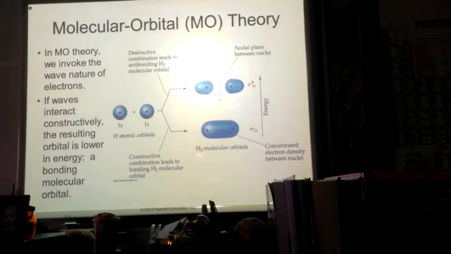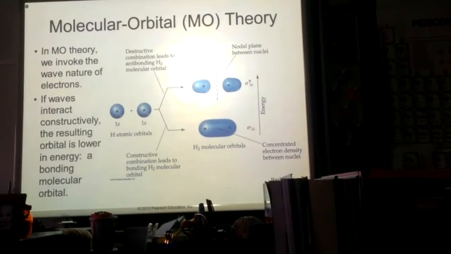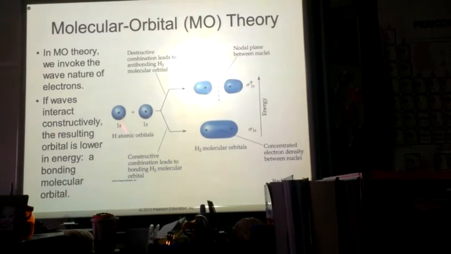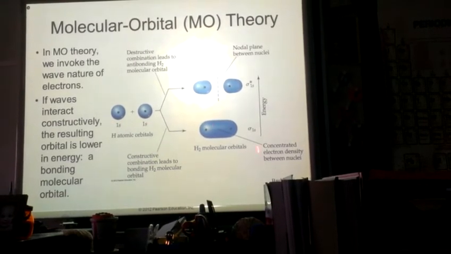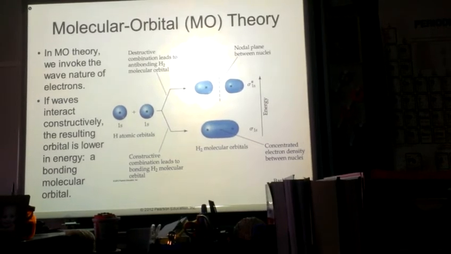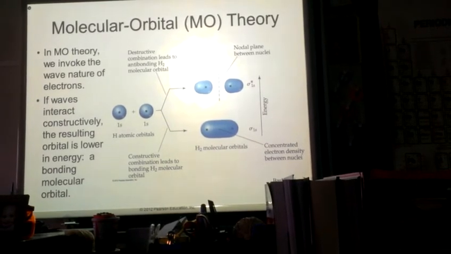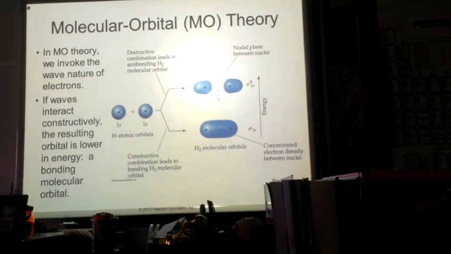So this constructive interaction between this atomic orbital and this one is going to make a sigma molecular orbital here. I could also have another one, which is called destructive interference. We're going to call that one sigma star. So I'm going to put a little asterisk next to the sigma, up in the superscript on the right-hand side.